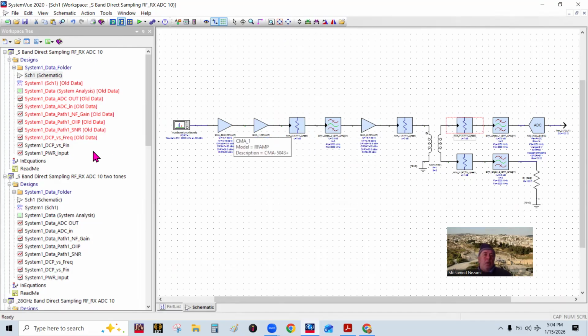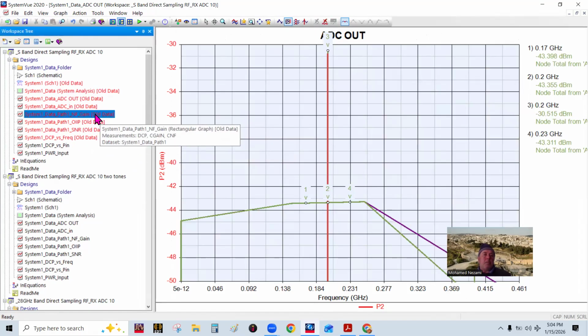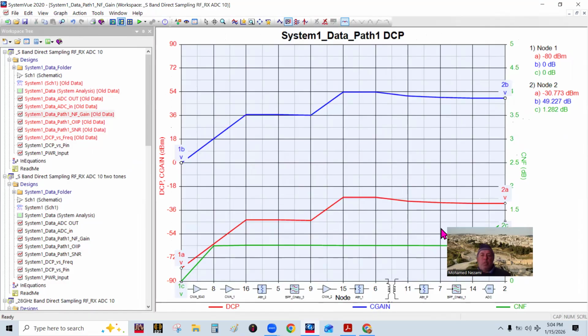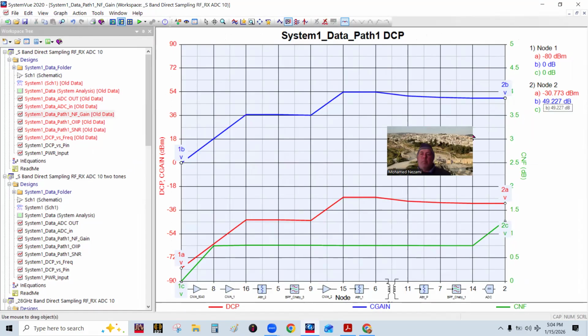So then what I do is run this, and the first thing I do, let's go back, is show you the desired channel power, which I'm starting out at minus 80 dBm. At this point, the desired channel power is the red trace in here.